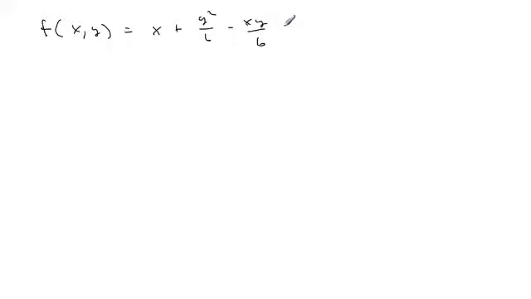So let's see if we can find this derivative. So we start off, well, first of all, what size is it going to be? Well, what do we have here? We have one component for our result, and we have two components for our input. So we have to take two partial derivatives.